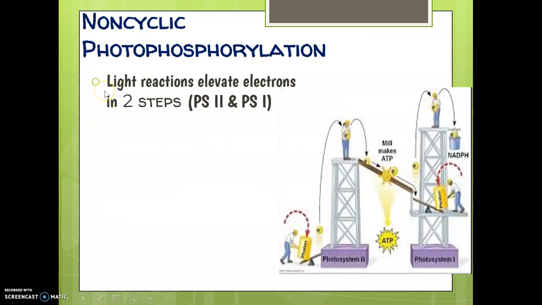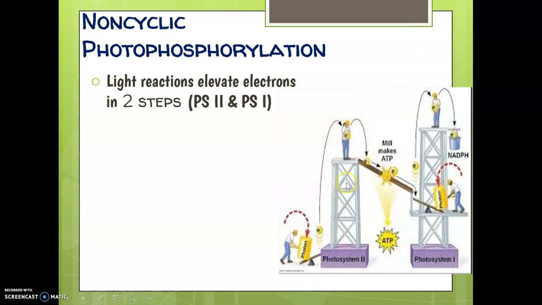So, light reactions elevate electrons in 2 steps. So we have photosystem 2 and photosystem 1. Okay, so here you can see in the graph photosystem 2, we have our photon, so light. Okay, we shoot up that electron, get it super high up and excited.